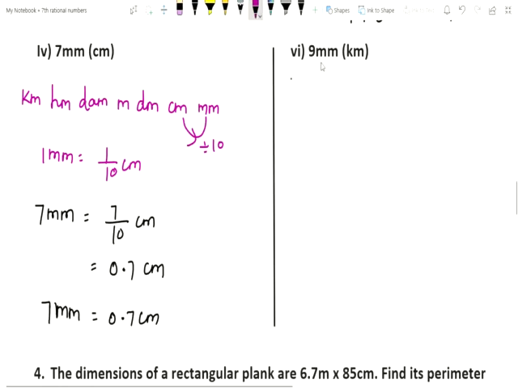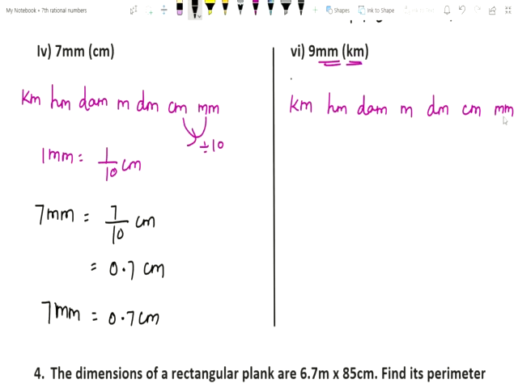Here millimeter to kilometer we are going to convert. Write the order. Kilometer, hectometer, decameter, meter, decimeter, centimeter, millimeter. Okay. Now millimeter to kilometer.